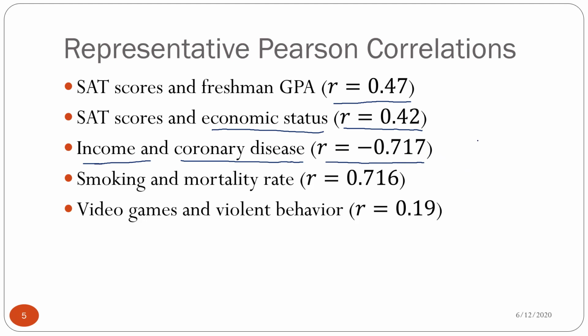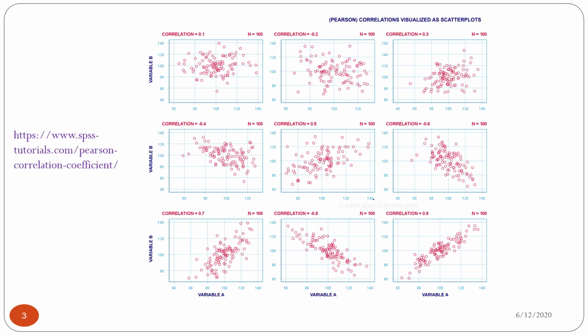As I showed you in the previous graph, let me take you back. So it could be something like this. You have income right here, and then on the y axis you can have the disease. So this is anti-correlation.